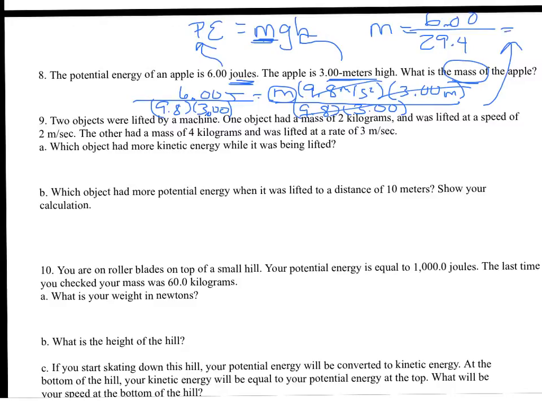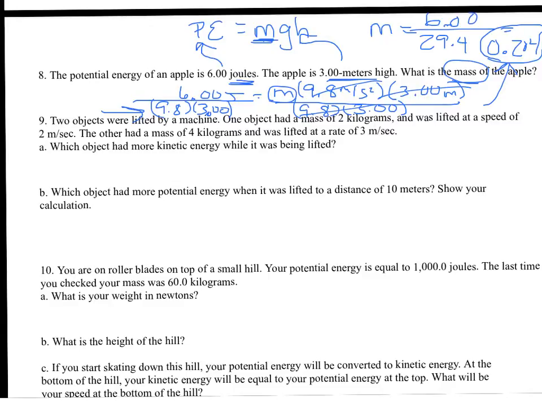And that gives me a mass of 0.204 is my answer. Okay, so my final answer here is 0.204. Remember, you're going to need to multiply these first, then divide them into 6, and that gives me my answer.